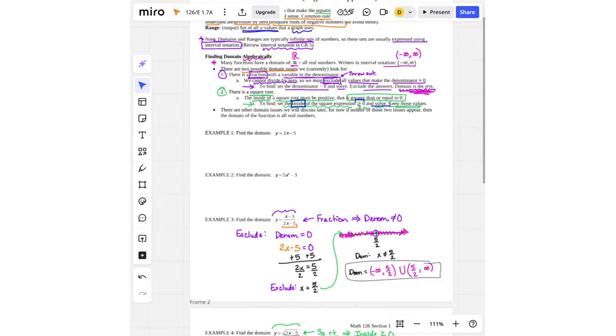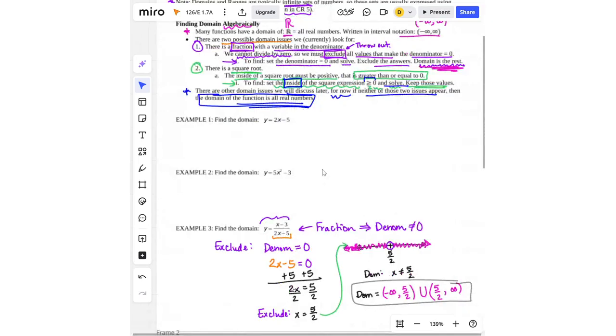But for the functions we're going to be looking at and seeing in this class right now, I'm just going to say there are other domain issues we'll talk about later. But for now, if neither of these two issues appear, then you can assume that the domain is all real numbers.